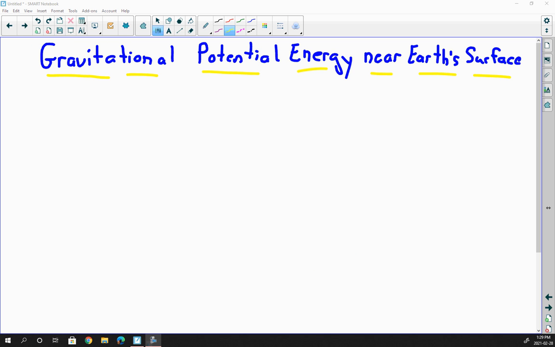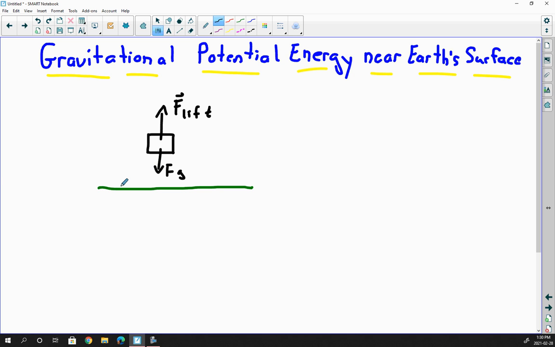So now we're going to look at gravitational potential energy near Earth's surface. So this is something we looked at in grade 11 as well. So here's the ground right here, okay? And we've got an object that's being lifted upward by some force, and there's still a force of gravity on it.